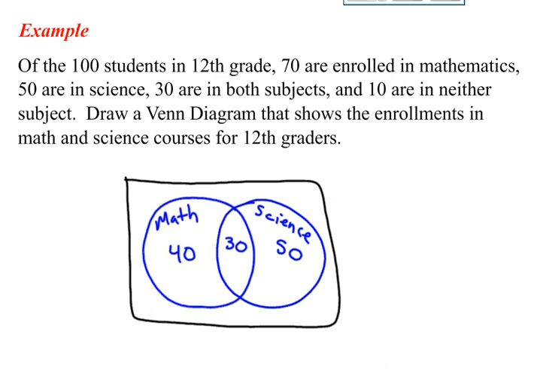And we do the same thing for the science. If there are 50 total seniors taking science, but 30 of them are also taking math, then that means only 20 of them are taking just science. So the 20 plus the 30 gives you the total 50 students, right? And then, of course, it says there are 10 seniors that are in neither subject. So they go outside of the circles altogether.